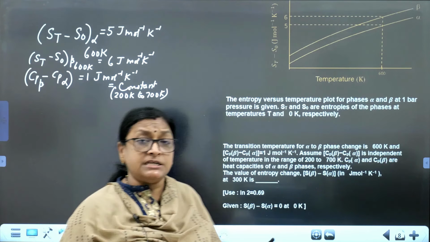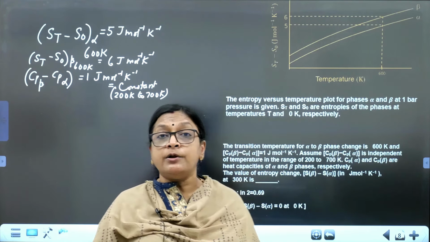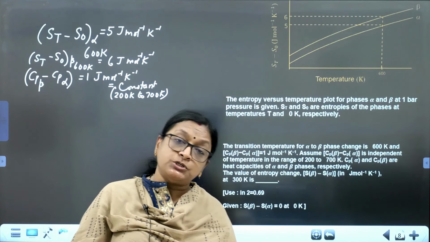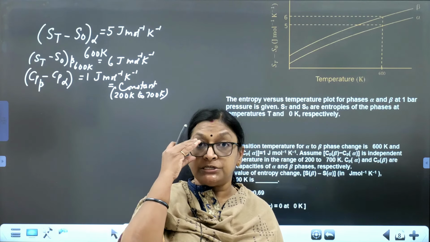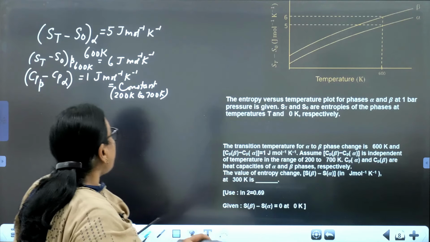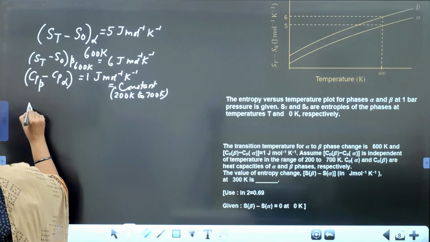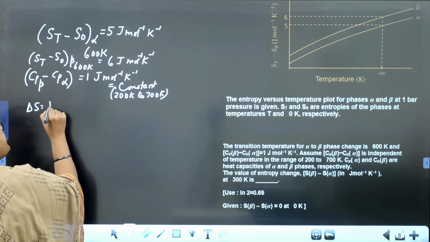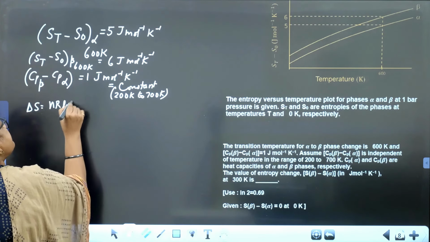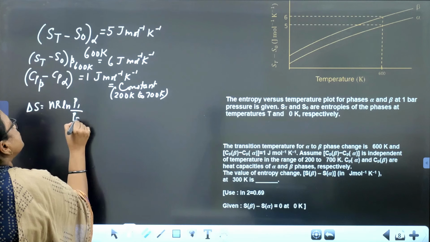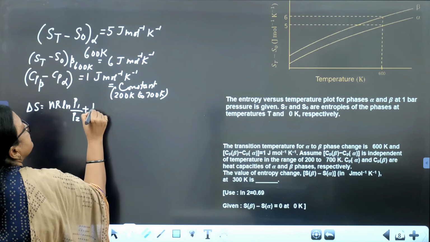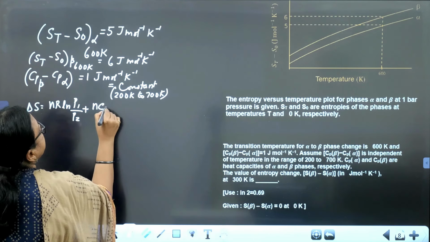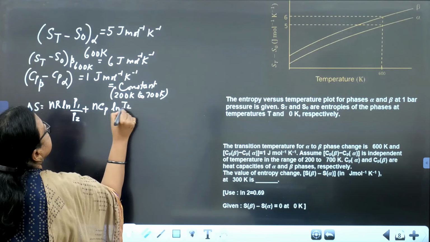So what is the relation which you know for entropy change with respect to pressure, temperature, Cp? The formula to be used is delta S, entropy change, is equal to nR ln P1 by P2 plus nCp ln T2 by T1.